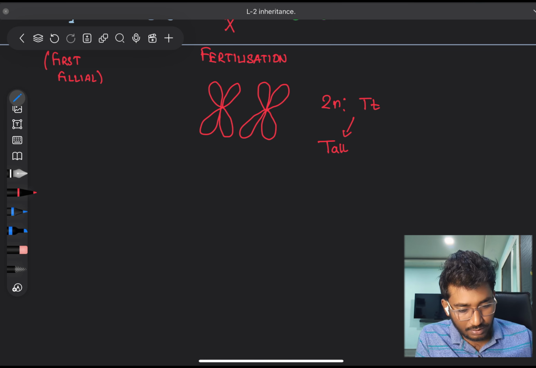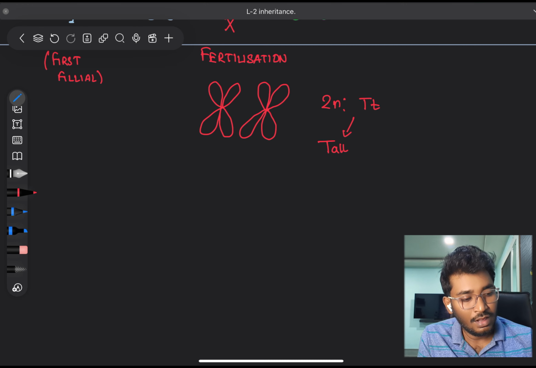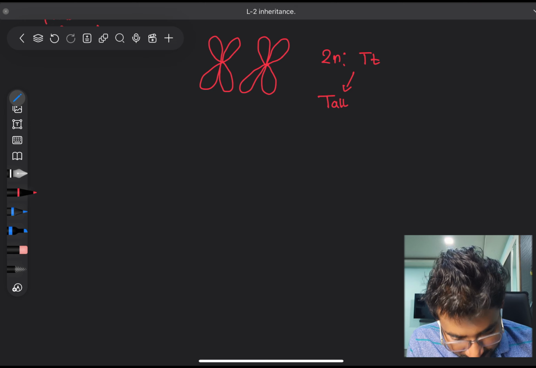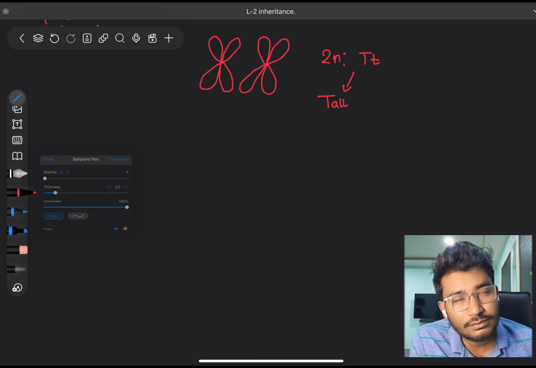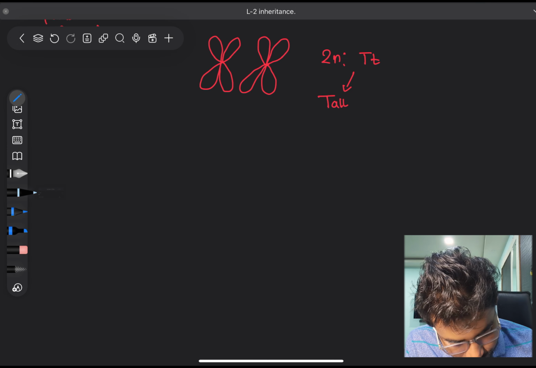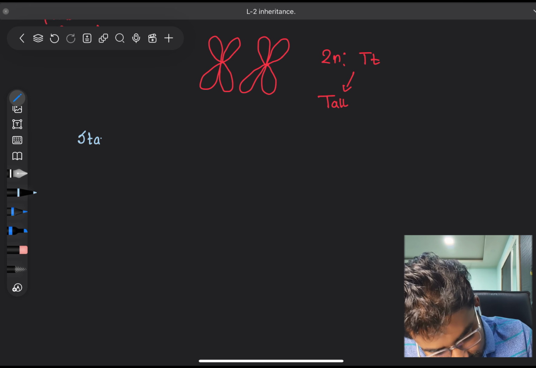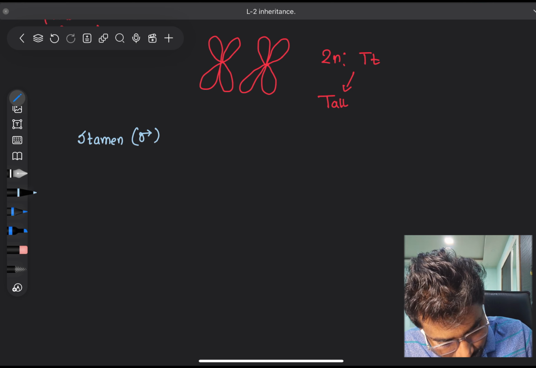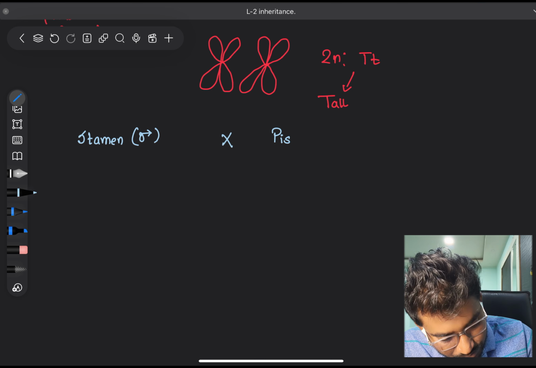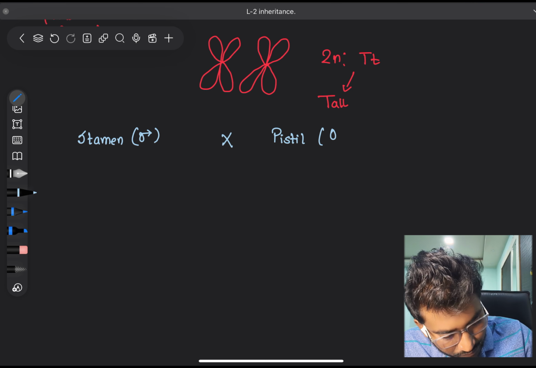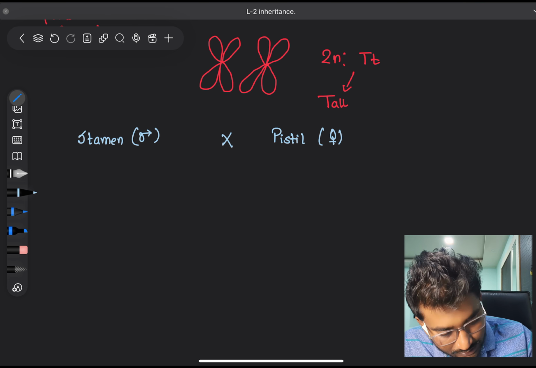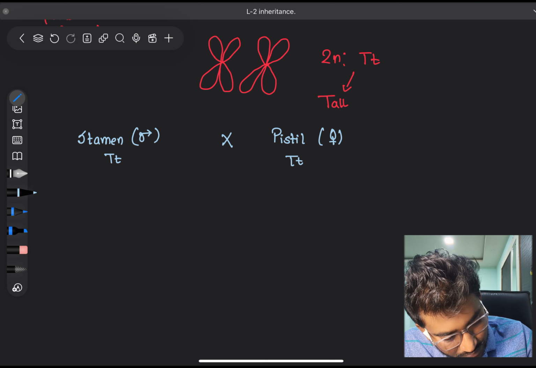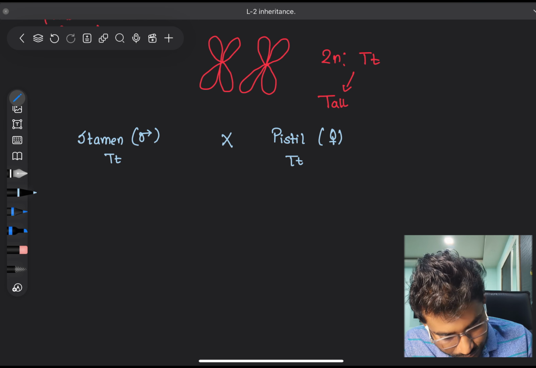Okay, done. Now come to the next. Here the stamen of the male is fertilized with the pistil of the female. The stamen of the male, capital T small t, with the pistil of the female, capital T small t.